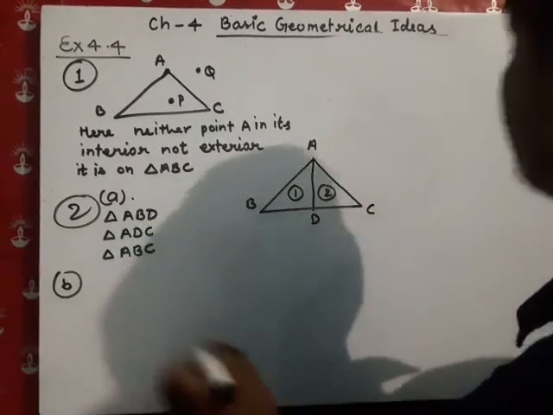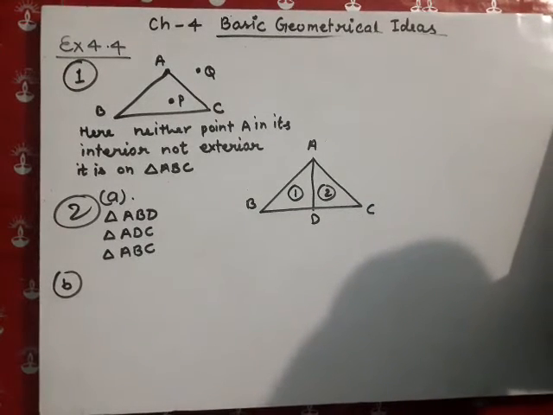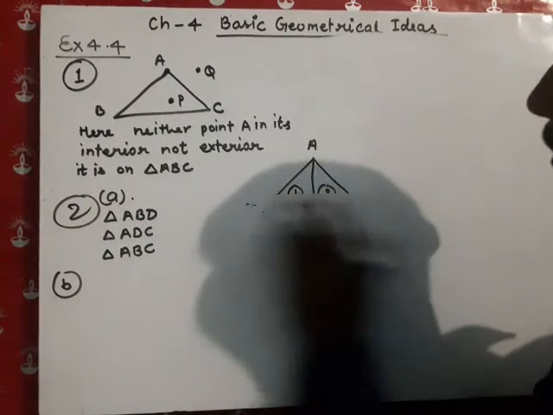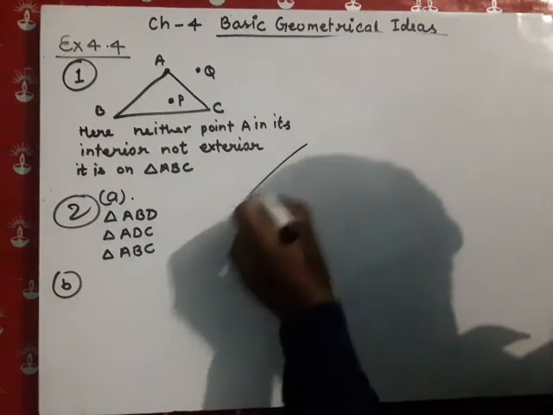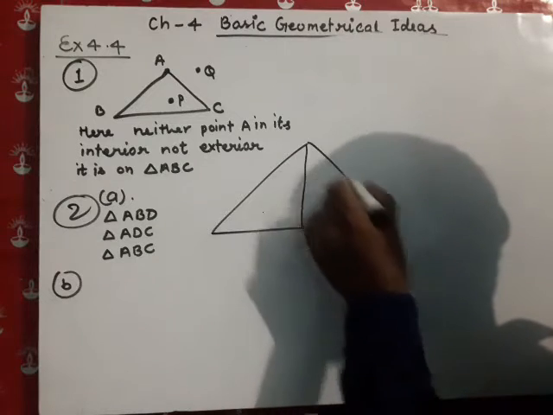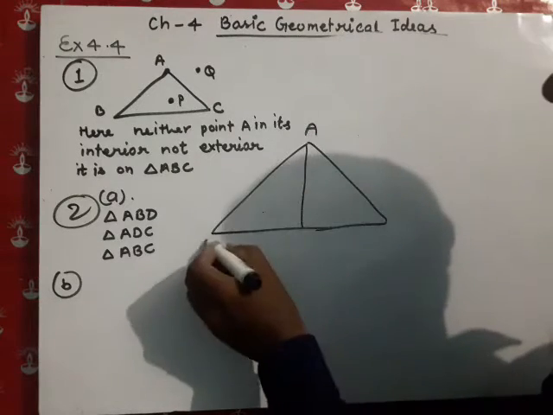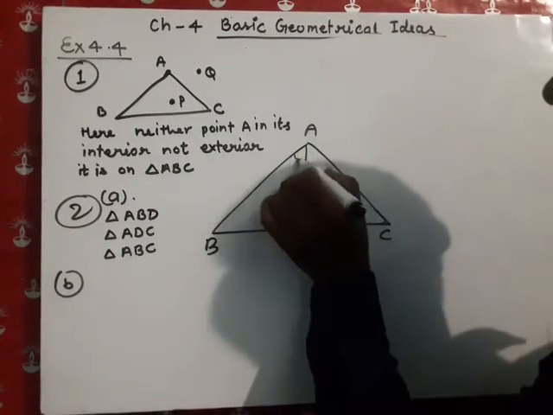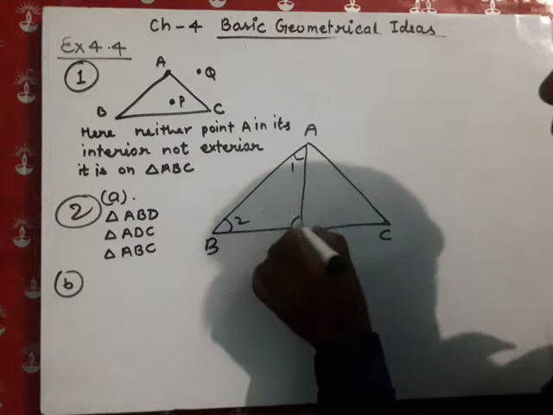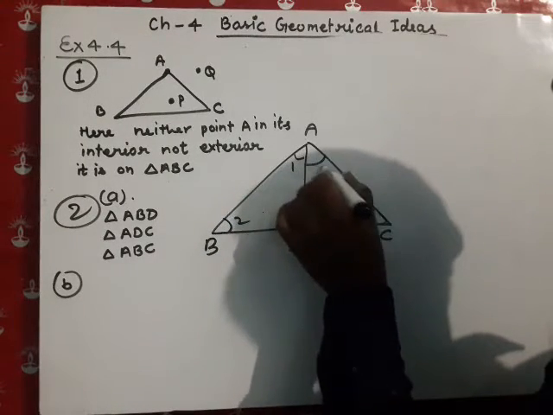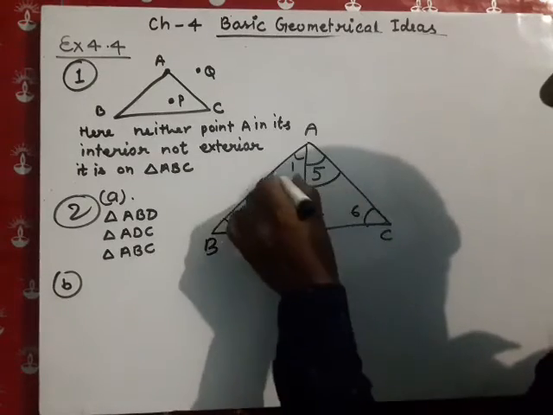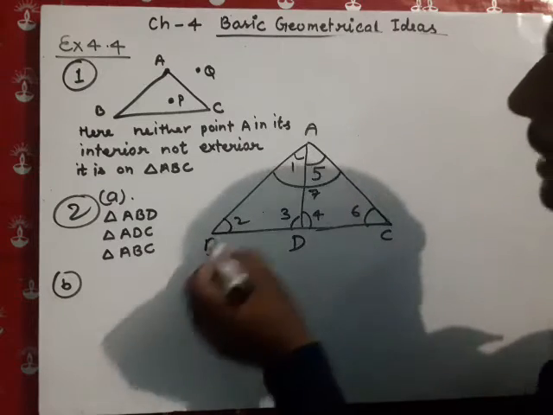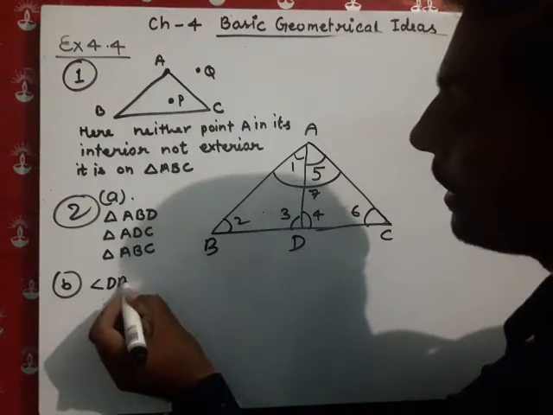Now going to part B. The question says write the names of the 7 angles. I am going to draw this bigger so that you will see it very clearly. A, B, D and C. Here we have to write the names of the angles: 1, 2, 3, 4, 5, 6, and now this bigger one is the 7. First one, angle DAB.